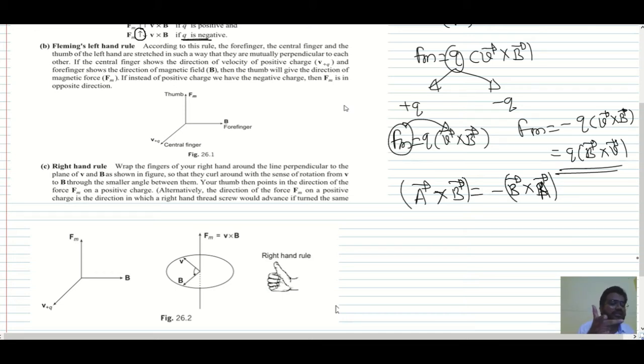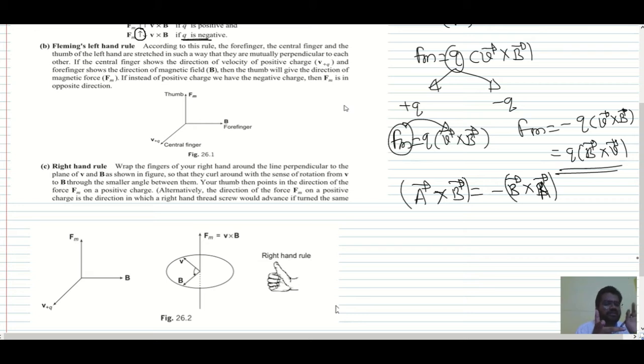If you consider these three fingers mutually perpendicular to each other, and if the index finger denotes the direction of the magnetic field, the middle finger denotes the direction of the velocity of the positive charge. This is very important. Direction of the velocity of the positive charge, then and only then the thumb will represent the direction of the magnetic force on the positive charge. But if the charge is negative, what you have to consider? You have to consider the direction of the force will be in the direction opposite to that for the positive charge.